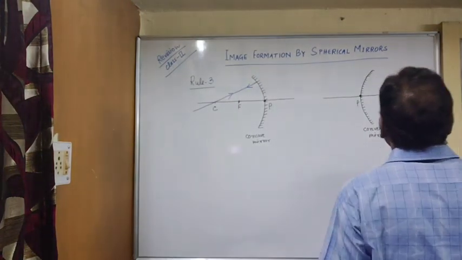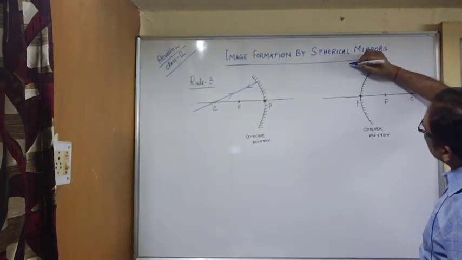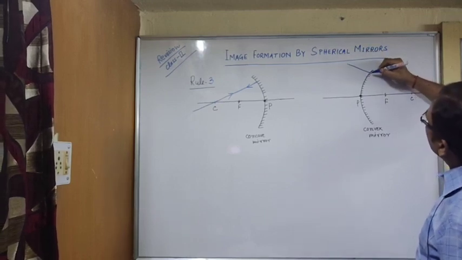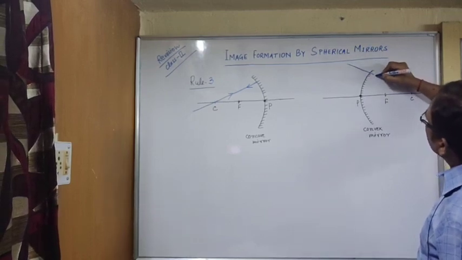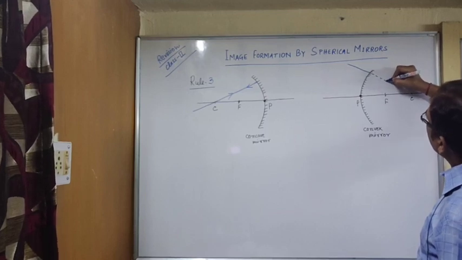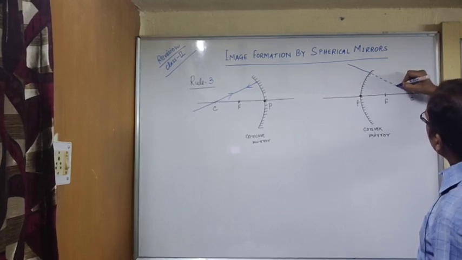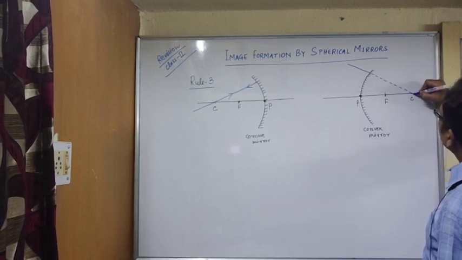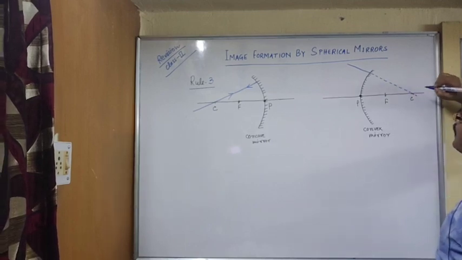In case of convex mirror, suppose this is the ray of light which, if it will pass through the mirror, then it will pass through center of curvature. That's why we have drawn it with dotted line.